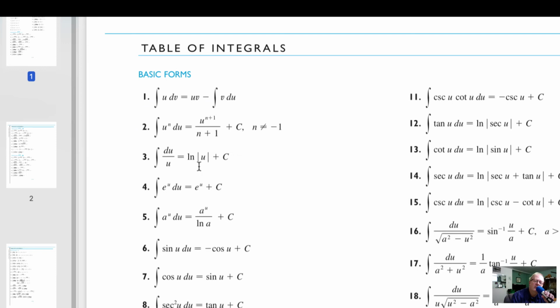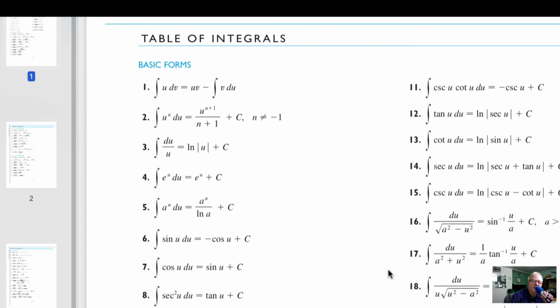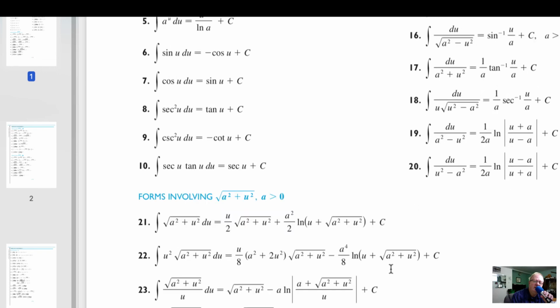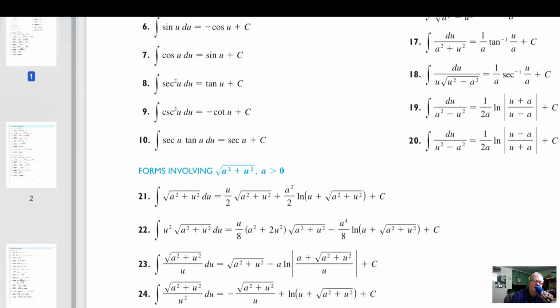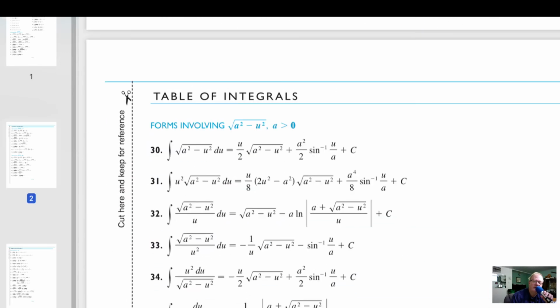Here we have the integral of the log, integral of the exponential, integral of sine and cos and secant and cosecant and all these wonderful functions. But this goes on. So then here are integrals which have a term of the form root of a square plus u square. And then there's a whole variation of those where this can arise. And we will do examples in just a second.